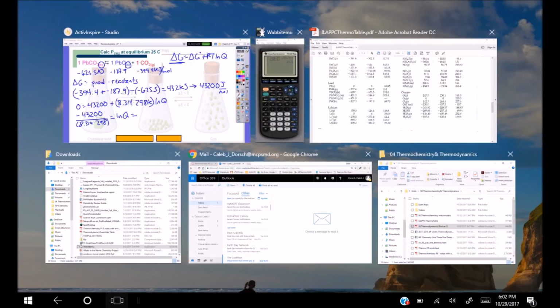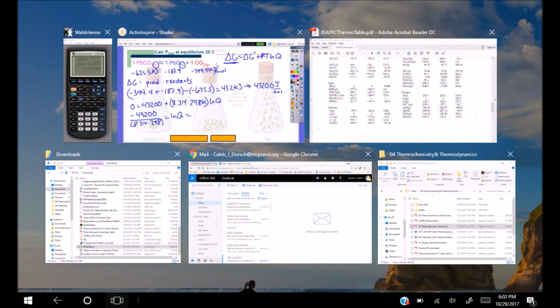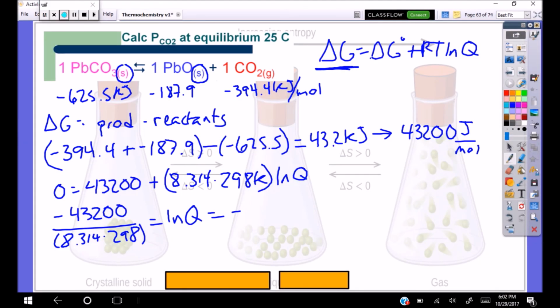So this is equal to negative 43200 over 298 times 8.314. Alright, so negative 17.43. So we can solve for Q, e to the negative 17.43.